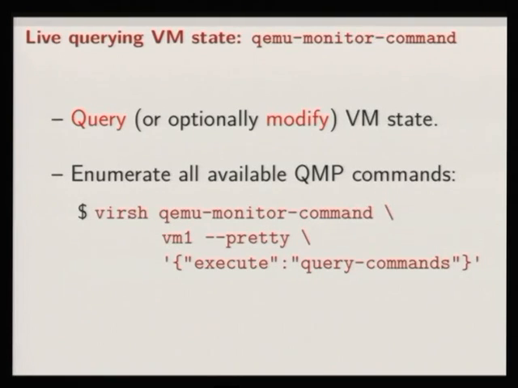If you run a QEMU monitor command this way, you apply the VM name followed by a pretty flag that will print the JSON output in a readable fashion, and you say, please execute the query commands command that will enumerate all possible QMP commands that QEMU offers and you can run via libvirt.